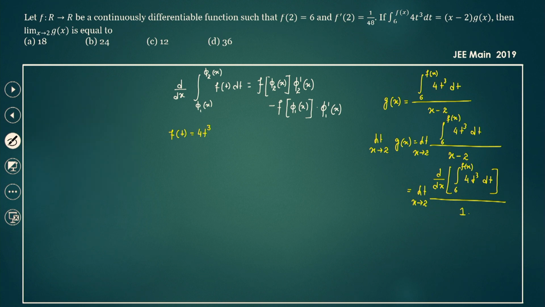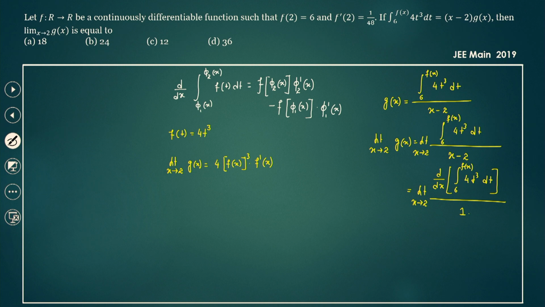So here we get the limit x tends to 2 of g(x) equal to d/dx of that, which gives f of phi 2(x), that is 4t cube at phi 2(x). What is phi 2(x)? That is f(x). So it is 4 of f(x) whole cube into f dash x.